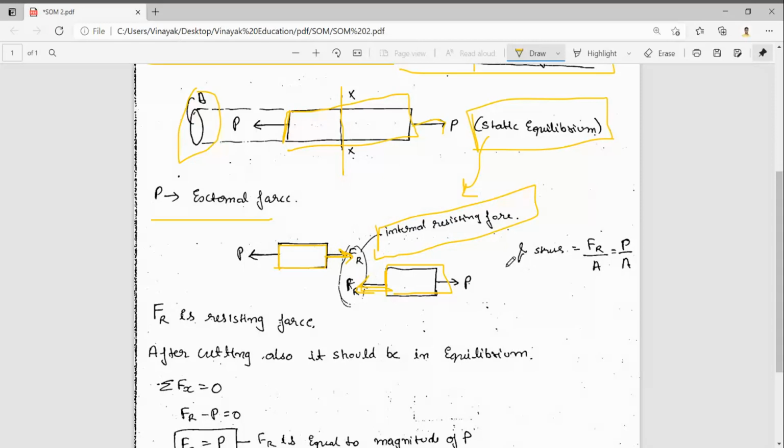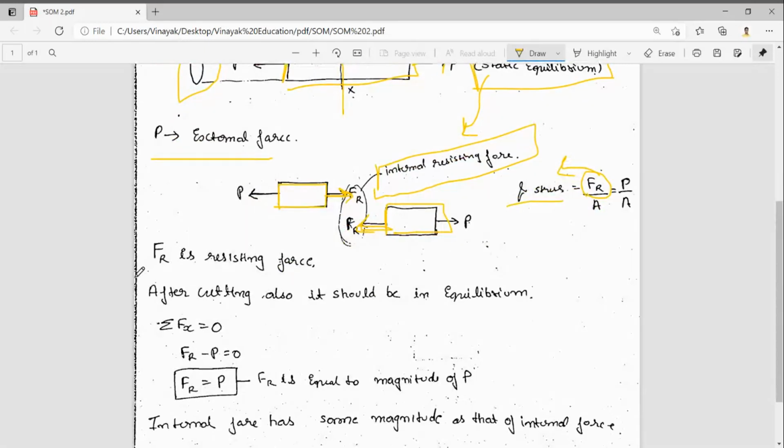So what is stress? Stress is force per unit area. What is the force? This is the resisting force. What is the resisting force value here? See, here Fr is the resisting force. After cutting also it should be in equilibrium, because before also it was in equilibrium. So now once again it will be in equilibrium only.